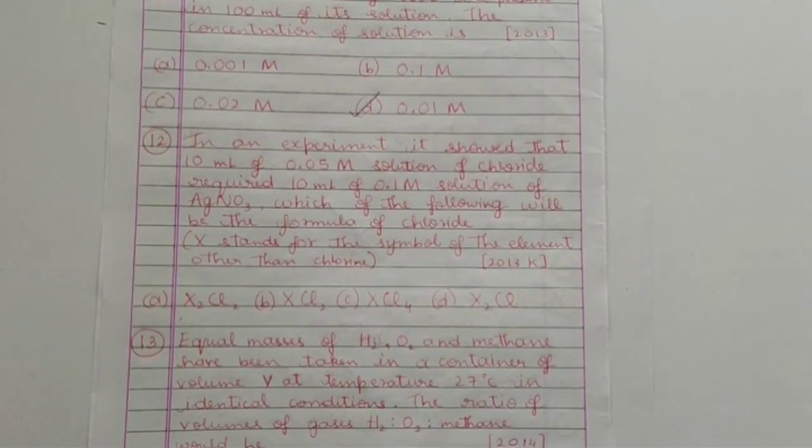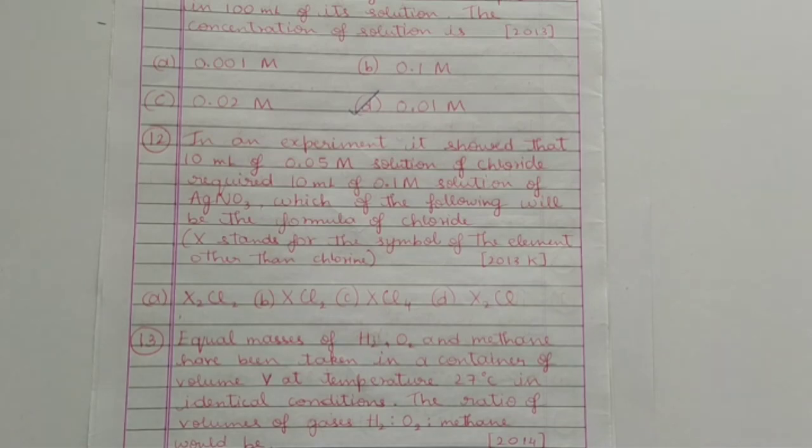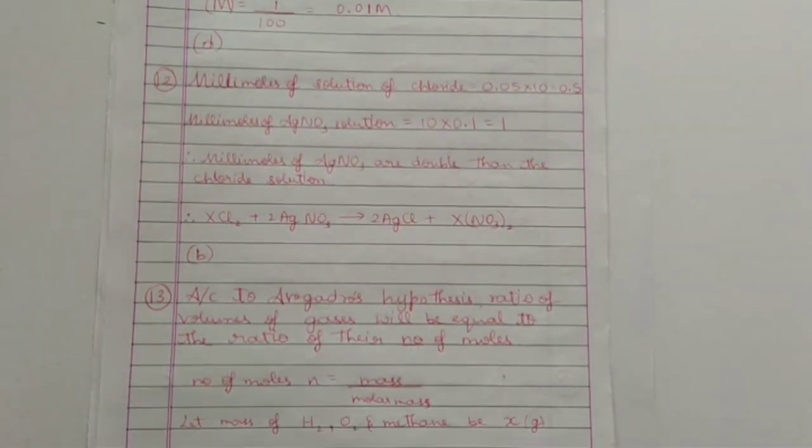Question 12. In an experiment, it showed that 10 ml of 0.05 molar solution of chloride required 10 ml of 0.1 molar solution of AgNO3. Which of the following will be the formula of chloride? X stands for the symbol of the element other than chlorine. Millimoles of solution of chloride is equal to 0.05 × 10, which is 0.5.